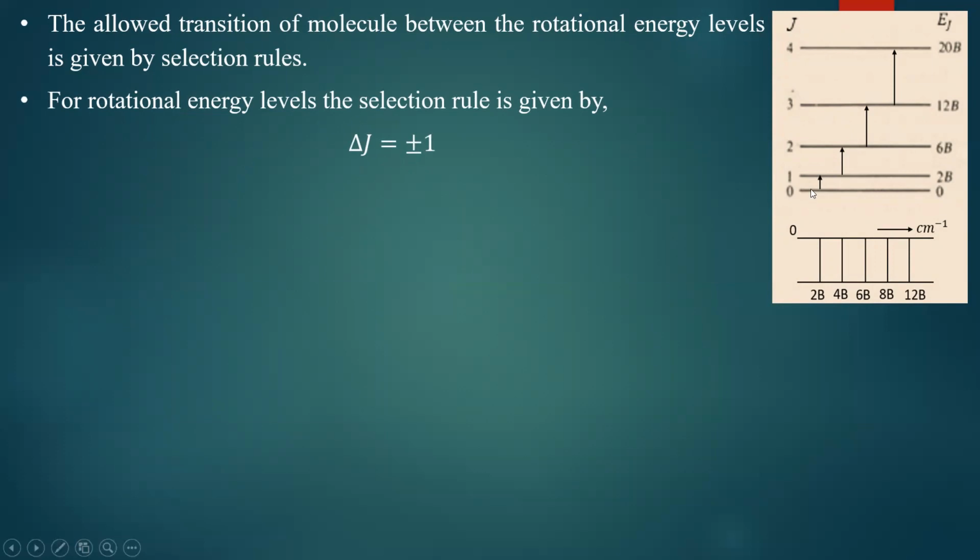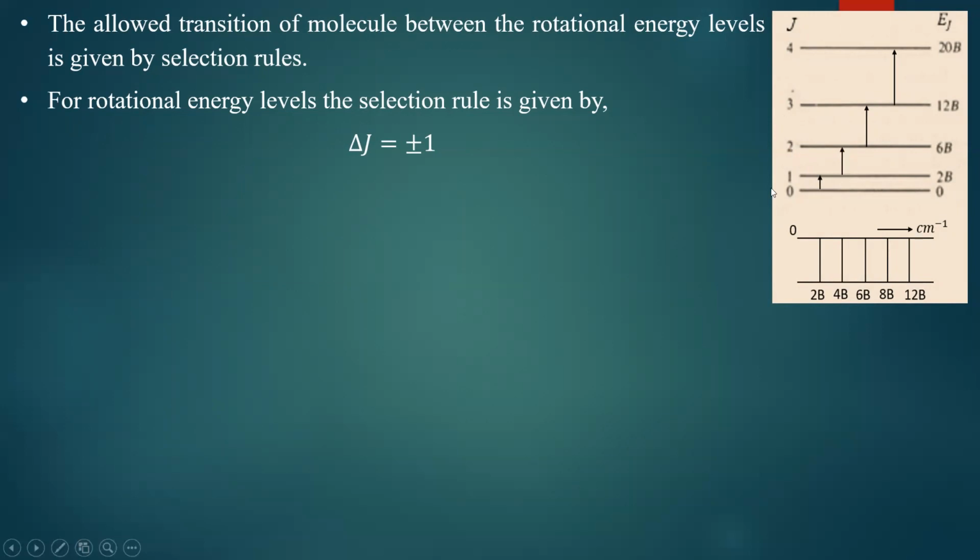So delta J represents the change in rotational quantum number for a transition. Consider the first transition. J is changing from 0 to 1, so delta J, the change in J, is -1. For the second one, it is going from J equal to 1 state to J equal to 2 state. What is the change in J value?